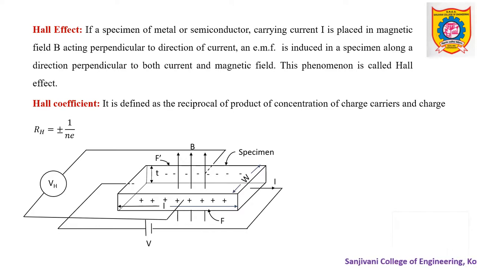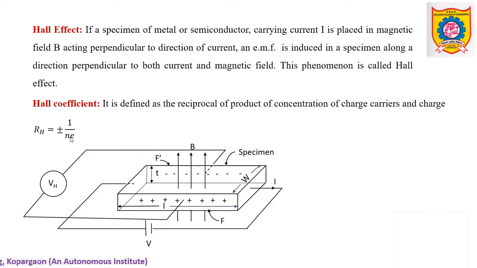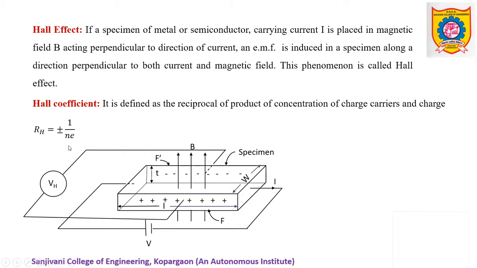But in general, if we denote the concentration of charge carriers by N, then N into e, where e stands for the charge of the charge carriers, and the reciprocal of this product defines the Hall coefficient. So RH is equal to plus or minus 1 upon Ne.